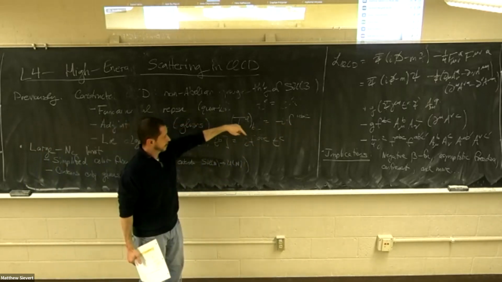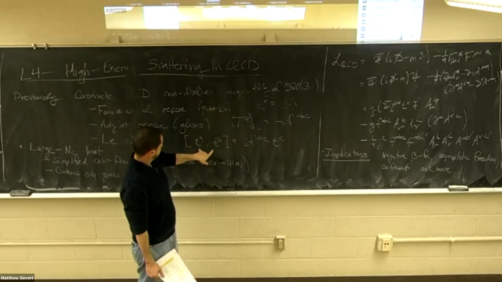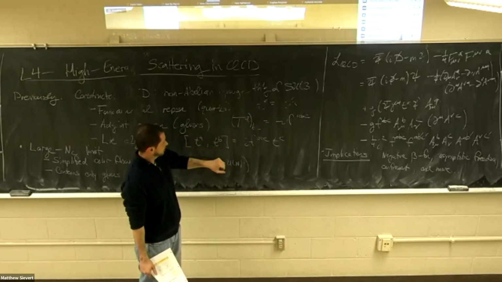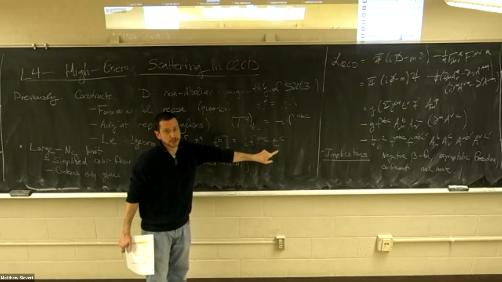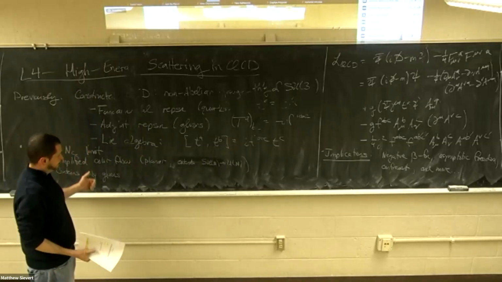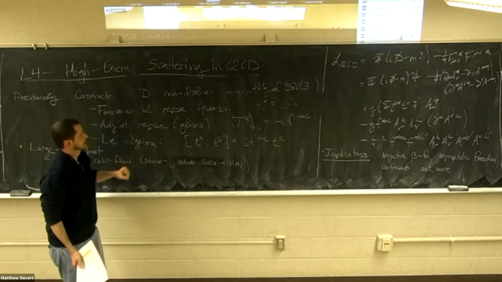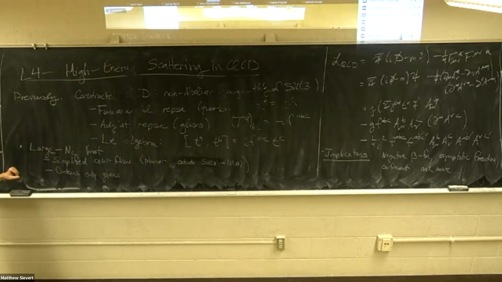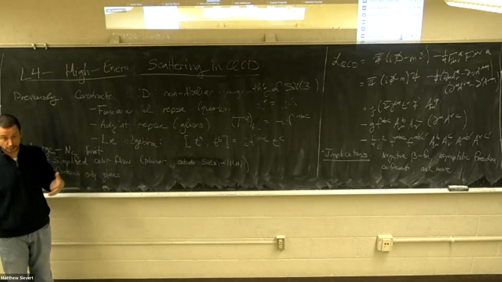That satisfies exactly the same commutation relations as the fundamental one. Namely, that the commutator of the generators T^a with T^b gives you the structure constants i f^abc times another generator T^c. So these are the 2 basic building blocks of the gauge structure, the color structure of the theory, the fundamental and the adjoint representation. We talked about it for the specific case of real-life QCD, which is SU3.